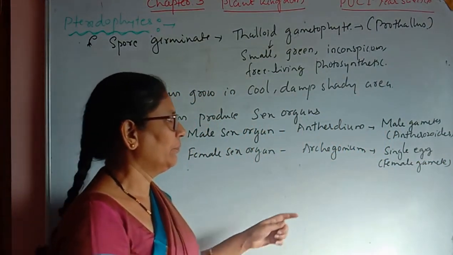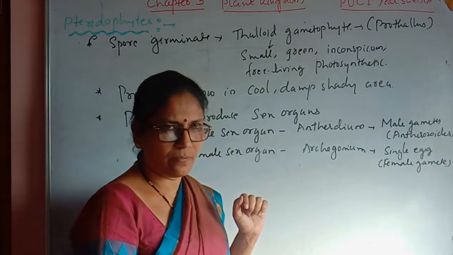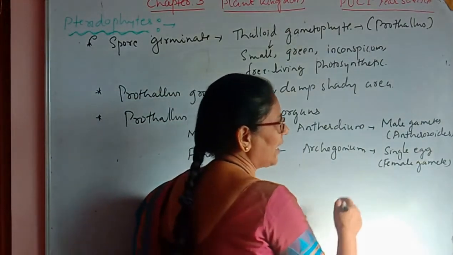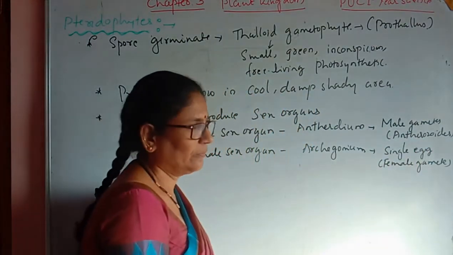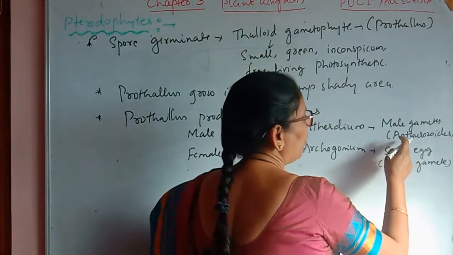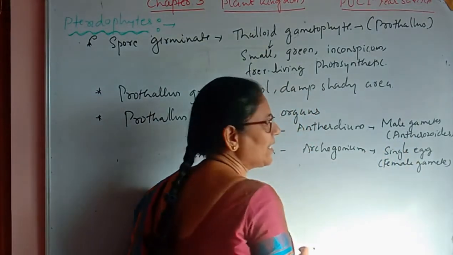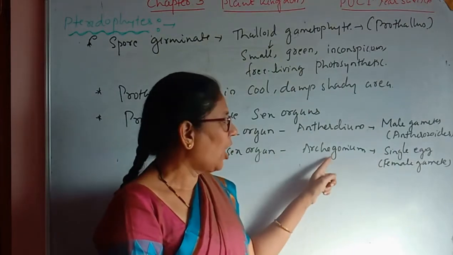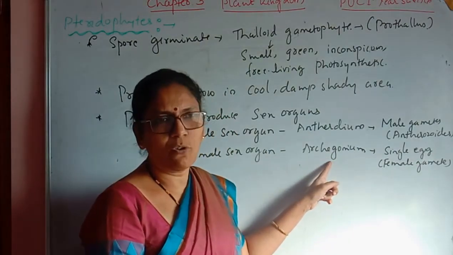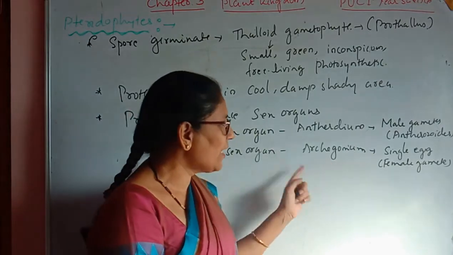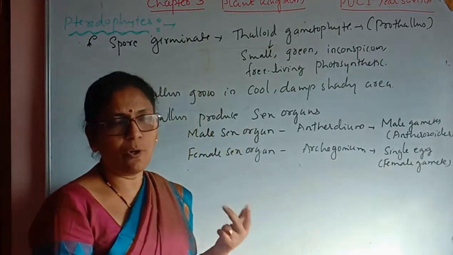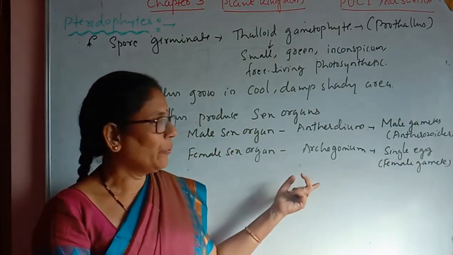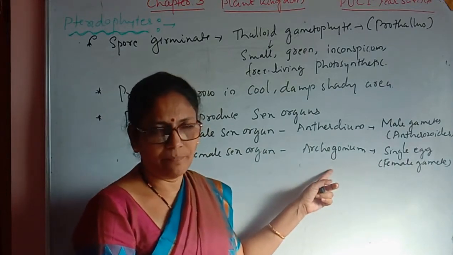When these male and female gametes fuse, the fusion takes place with the help of water. Antherozoids swim in the water and reach the single egg. Fertilization takes place within the archegonium and zygote formation is confirmed. This zygote thereafter develops into a young embryo within the archegonium.